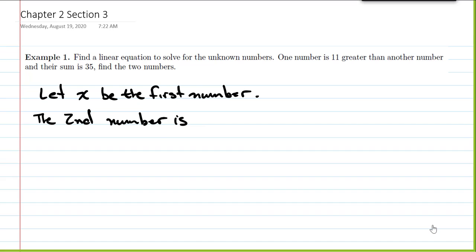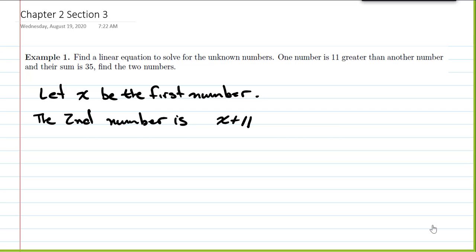So now we have each of our two numbers, and we were able to do that because we named the first thing. So since our first number was x and we know that the other number is 11 greater than the other, we can just take our first number and add 11 to it.